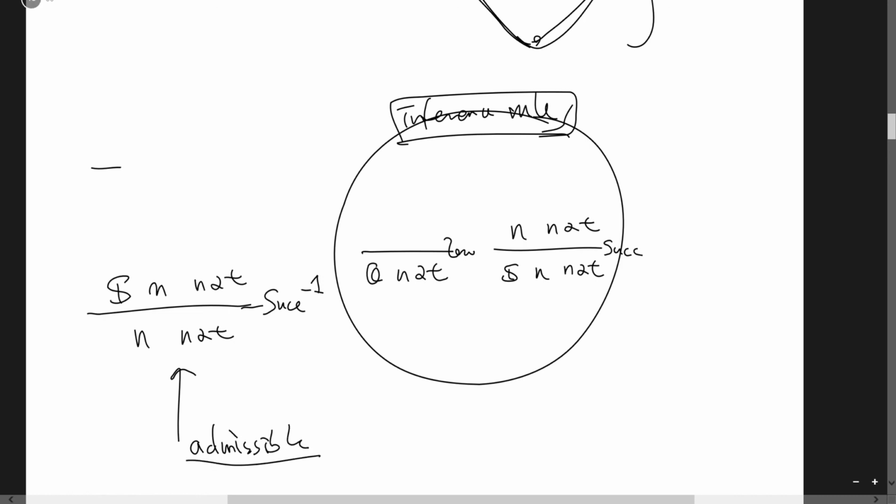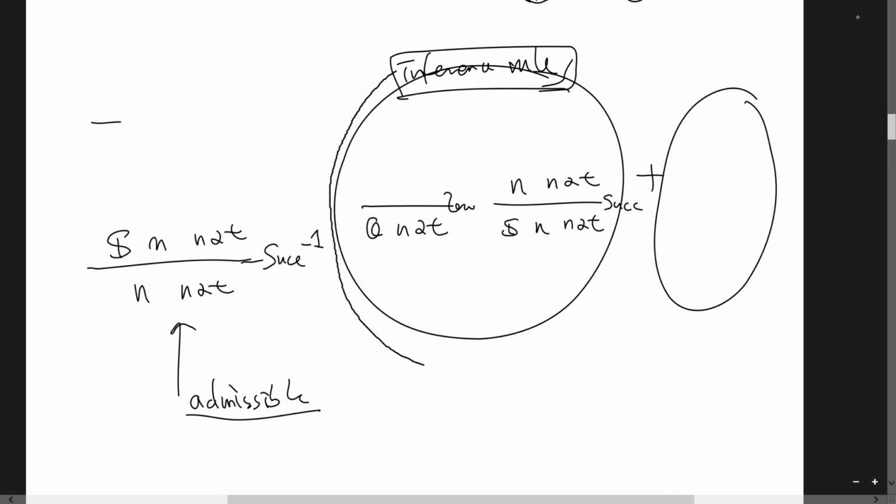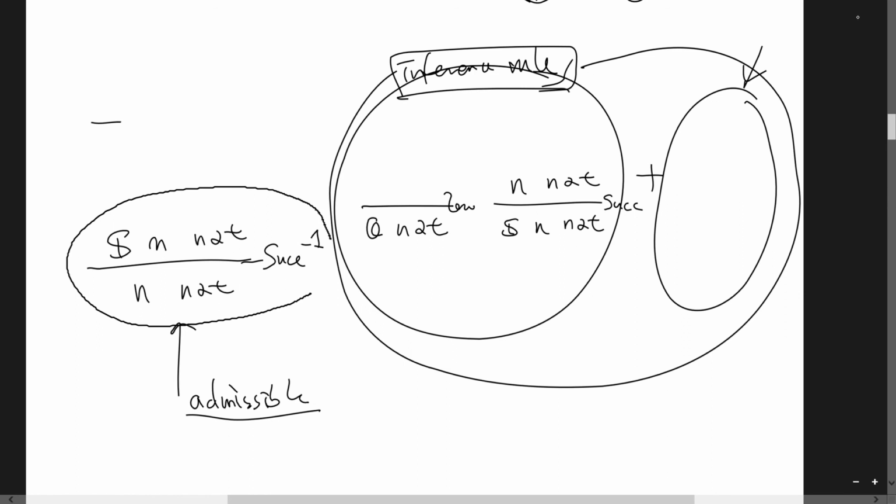Now the question is, what if we add new inference rules here? So the system of inference rules expands with the new inference rules here. This is a new inference rule, whatever it's going to be. And the question is, does this inference rule continue to be admissible?